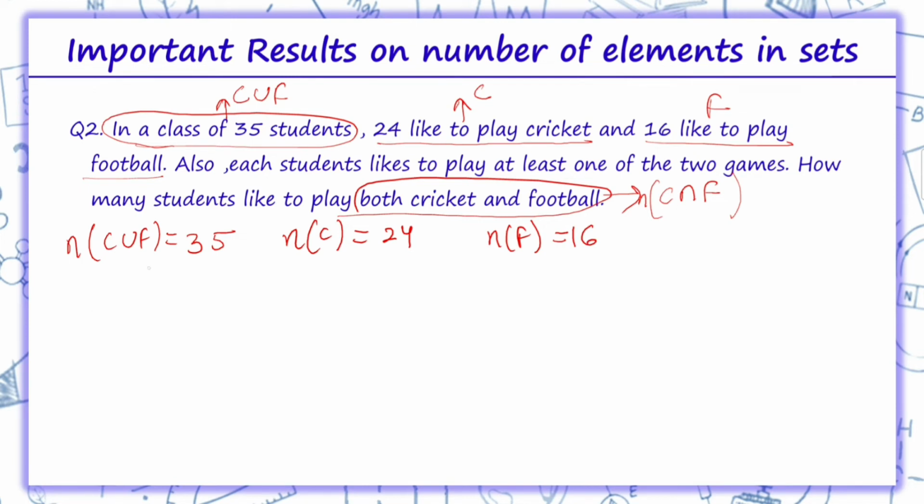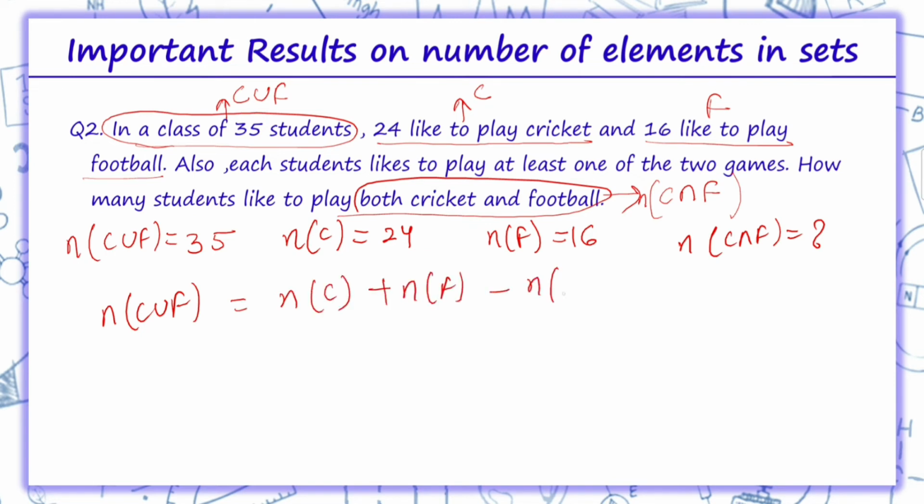We apply the same formula as in the previous question: n(C union F) is n(C) plus n(F) minus n(C intersection F).